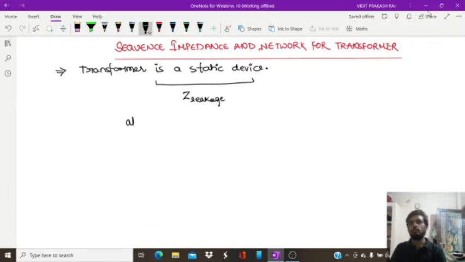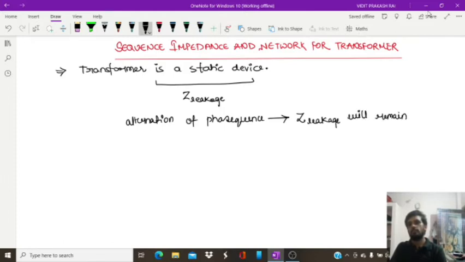So with the alternation of phase sequence, your leakage reactance will not change. Okay, your leakage reactance will remain same.